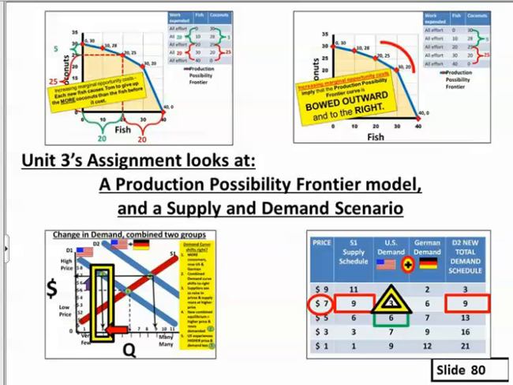You're going to see some questions you need to answer, and then you're going to have a supply and demand scenario, very similar to what I just explained with the U.S. and German economies, or demand for a product. They're different countries and different product, but you'll get the idea. The solution to the problem will be very similar.